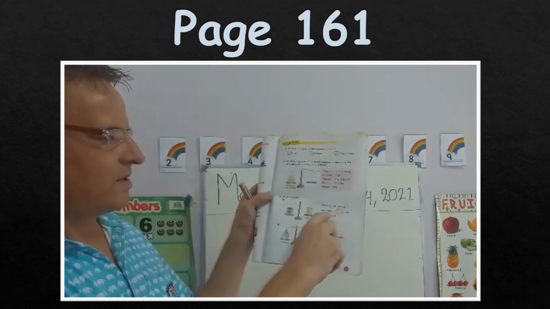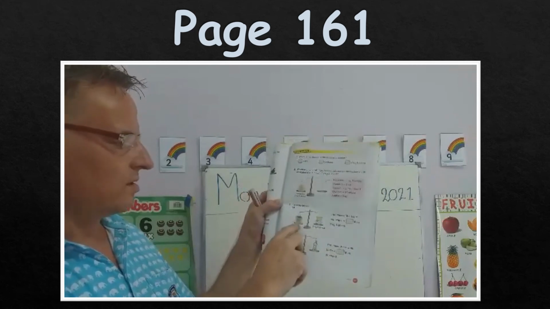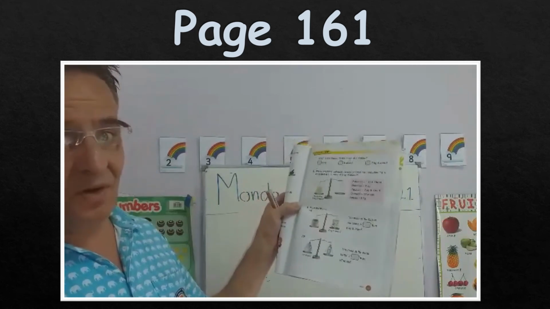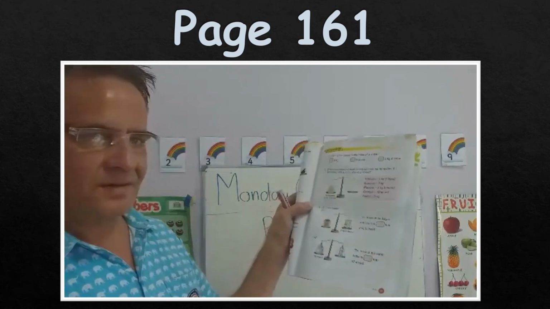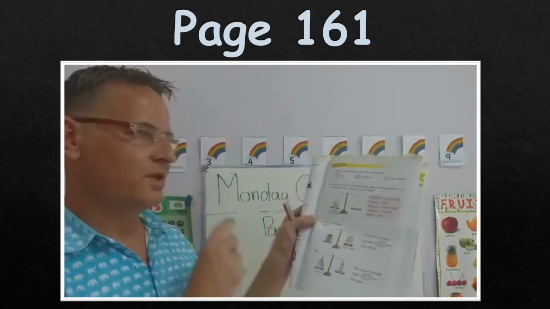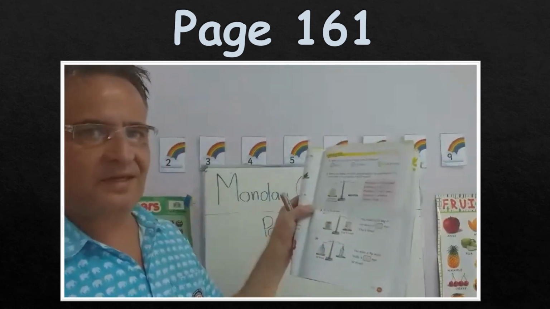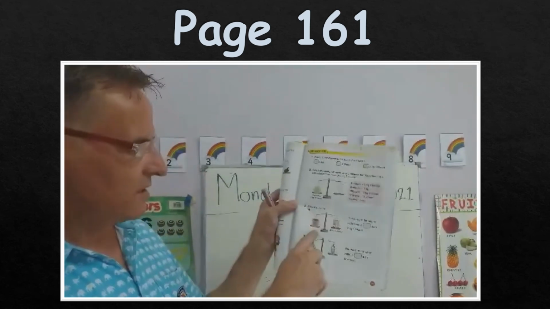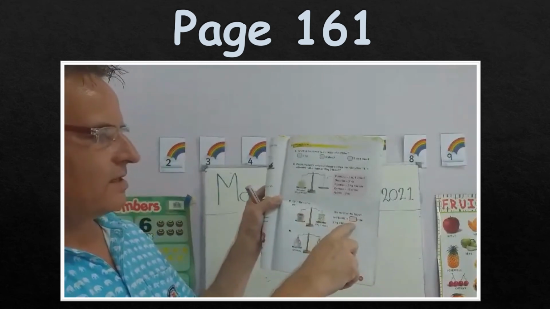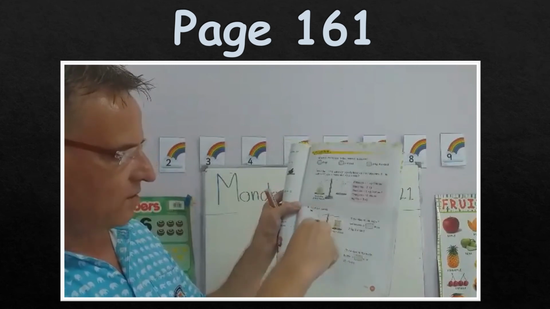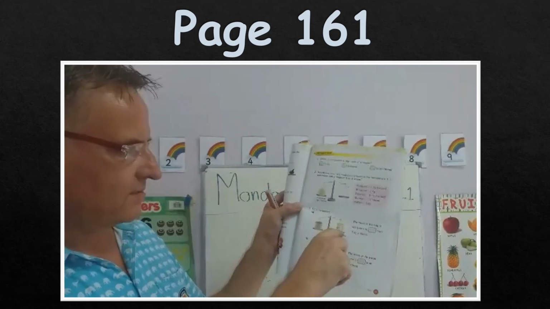The mass of the red beans, is it more or less than this one? Well, it is more, right? So remember, for more, if it points to the right, it's more. If it points to the left, it's less. So in this case, you write the sign for more, because the red beans is lower than whatever this is.